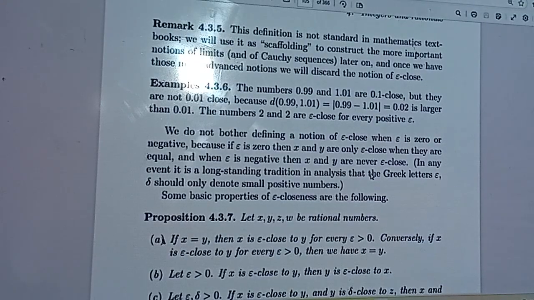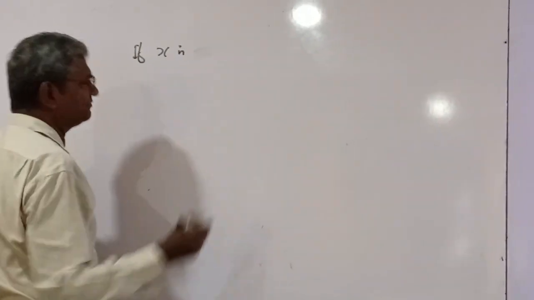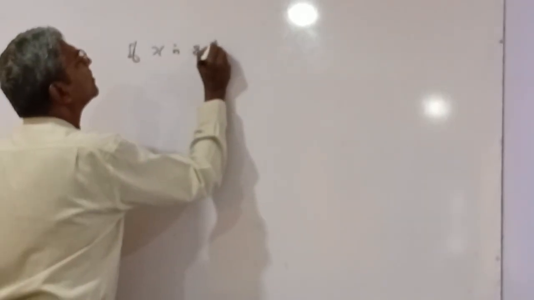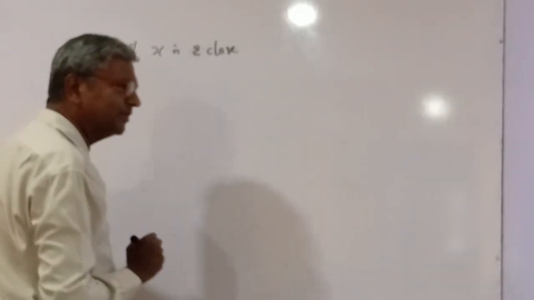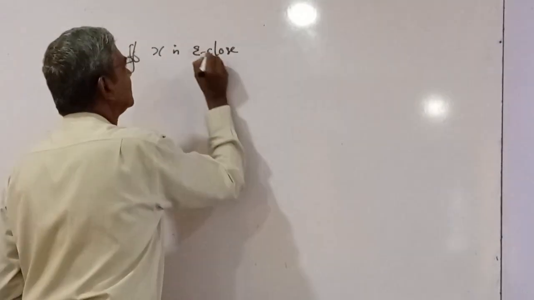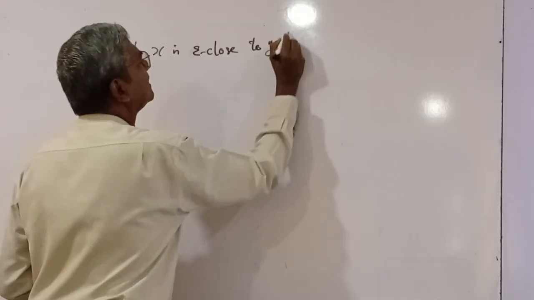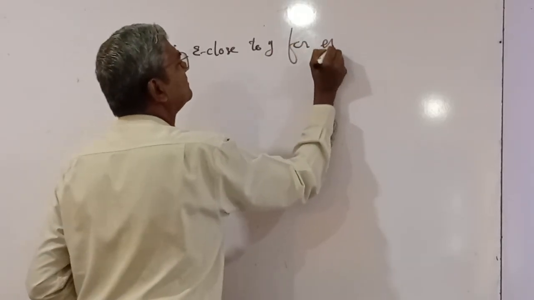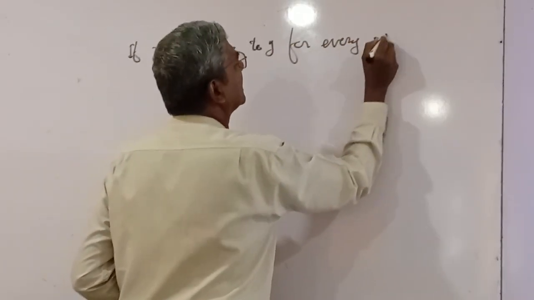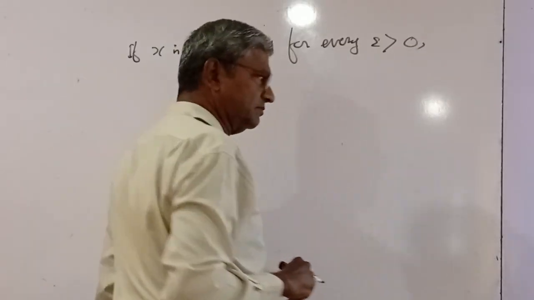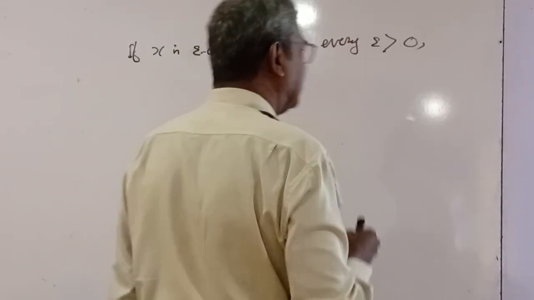Conversely, suppose x is epsilon close to y for every epsilon greater than 0, then we need to prove that x equals y.